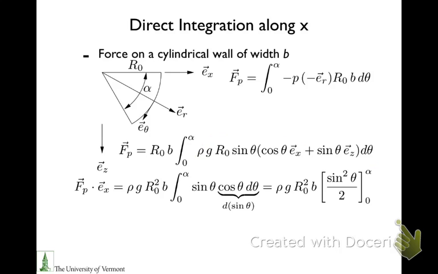By using a little trick, which is to say that cosine theta d theta is the differential of sine theta, we find directly that the horizontal component is rho g r0 squared sine alpha squared divided by 2 times the width.